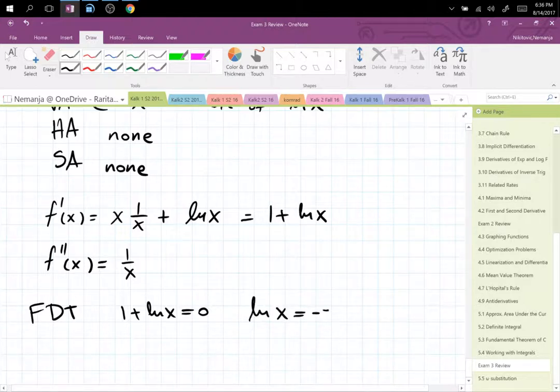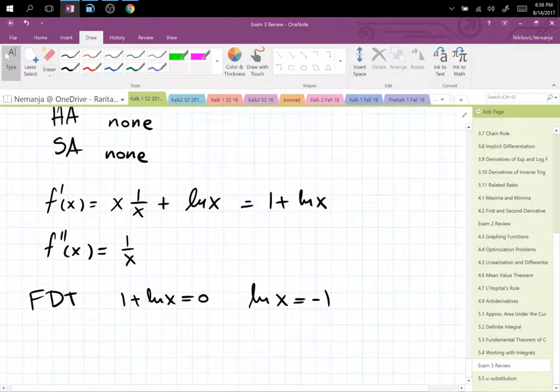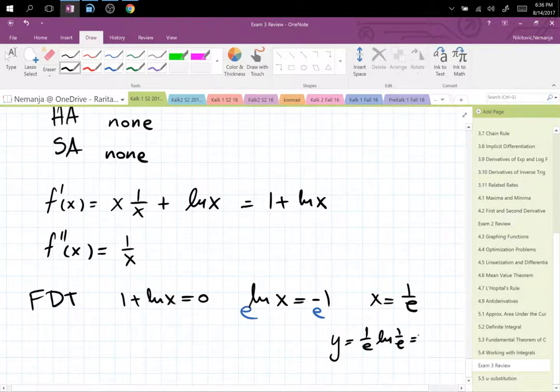ln x needs to be equal to negative 1. When you e both sides, you get that x is equal to 1 over e. e to the minus 1 is 1 over e. And the y value for that is 1 over e times ln of 1 over e.